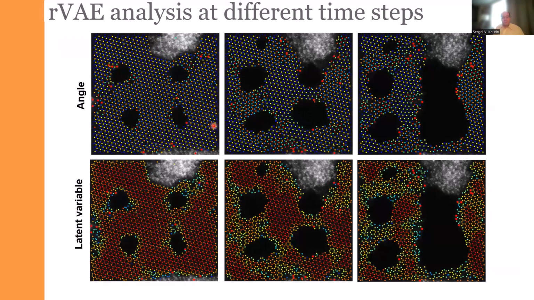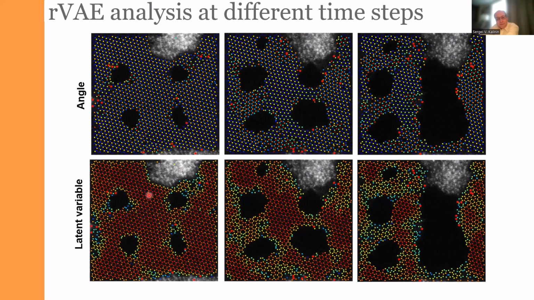And if we take this data and create patches centered on each atom, send them to the VAE, and then visualize the data, you can see this angle map. Basically, angle in this case means the orientation of the three neighbors in the overall plane of the image. And this is the latent variable corresponding to one of the latent variables.